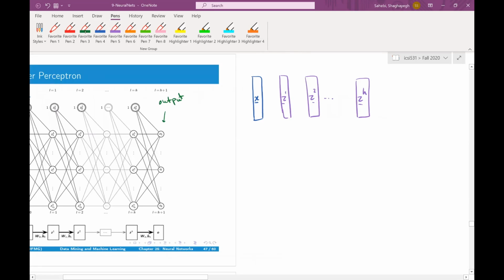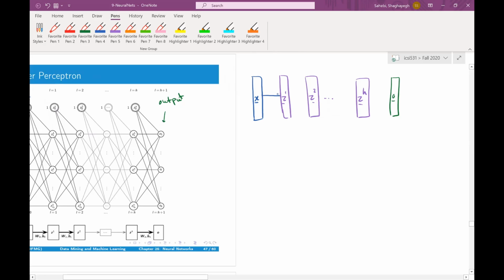And finally, we have the output layer, O. And the parameters that are in between them are similar to single layer MLP.